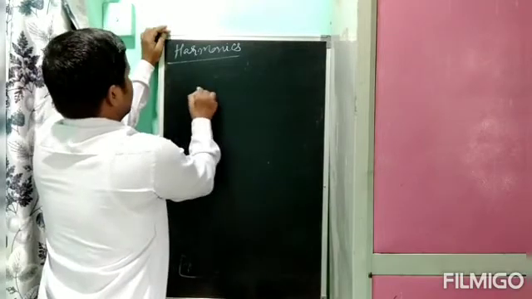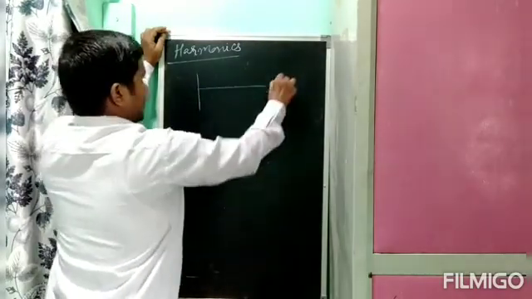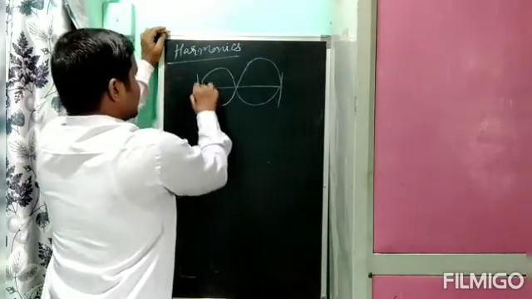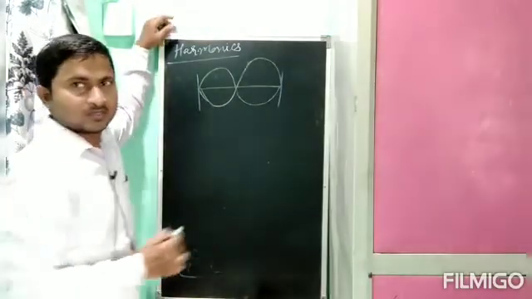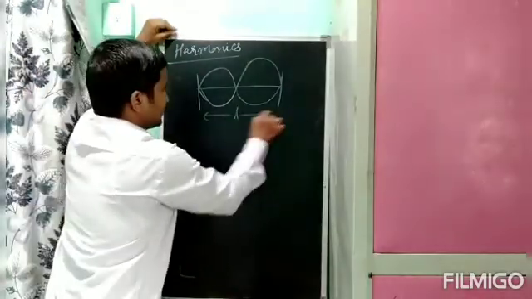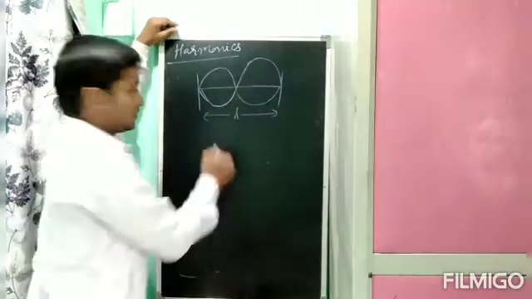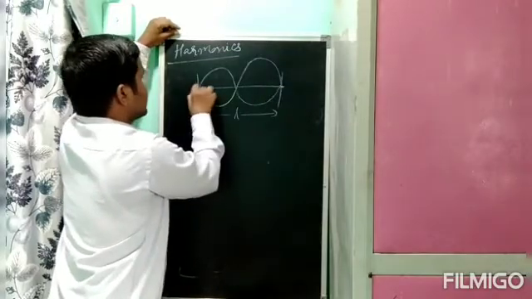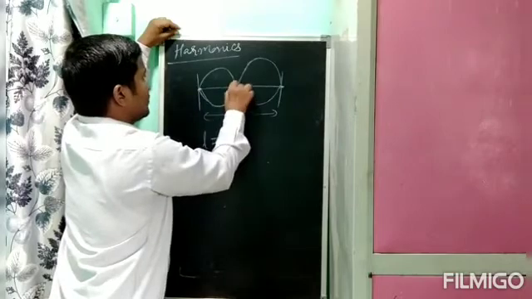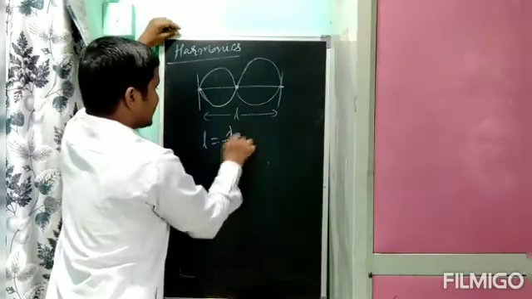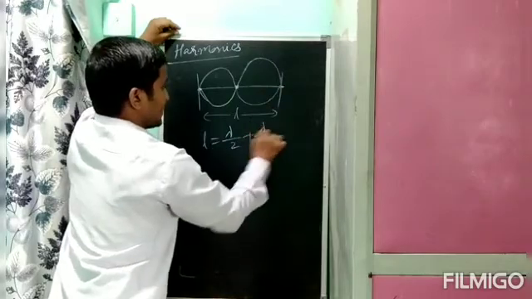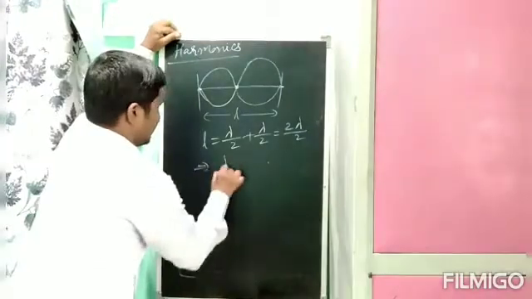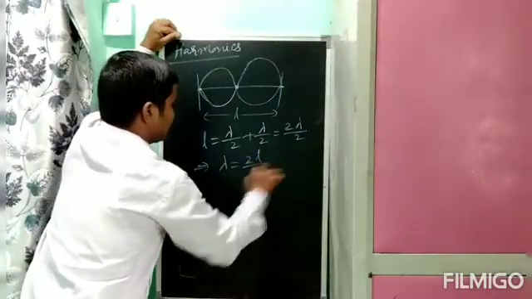In the same length, the stationary wave may form like this. Then L is equal to the distance between these two points, this is a node. The distance between two nodes is lambda by 2. Again between these two, lambda by 2, that equals 2 lambda by 2. That implies lambda equals 2L by 2.